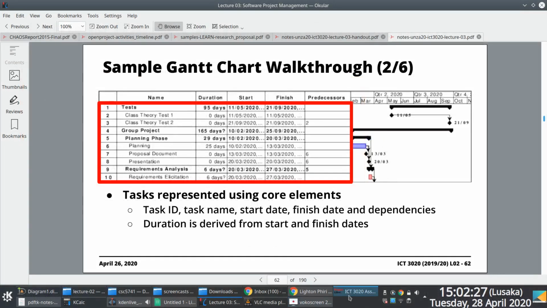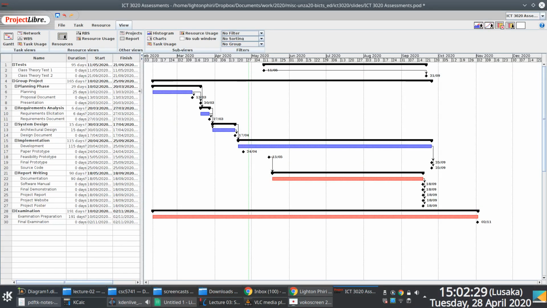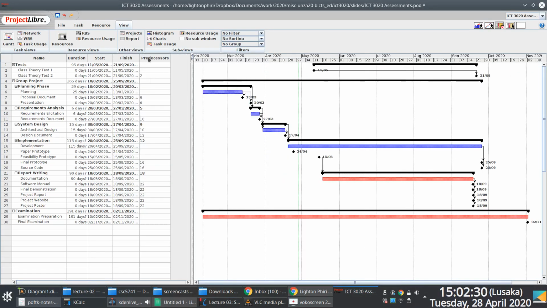In Project Libre, the dependency is represented by predecessors, right? So anything that has a predecessor value here signals that the task with this ID is linked to this particular task. So class theory test number 2 has a dependency on task ID 2. Task ID 2 is class theory test 1.